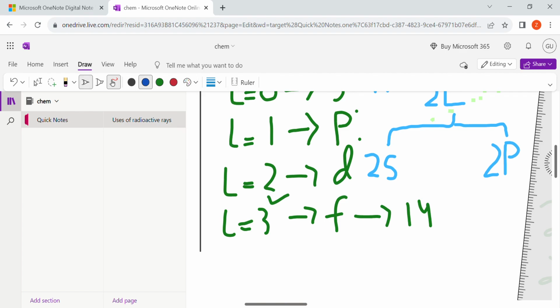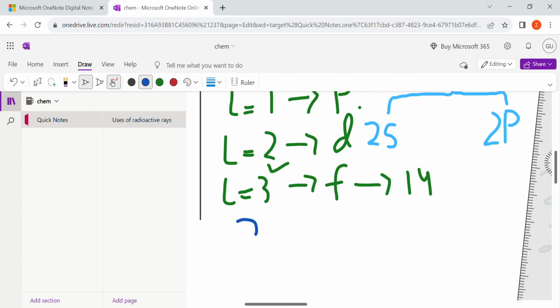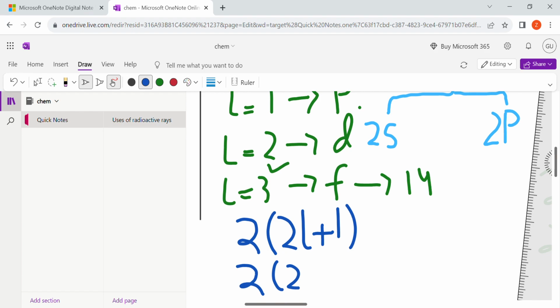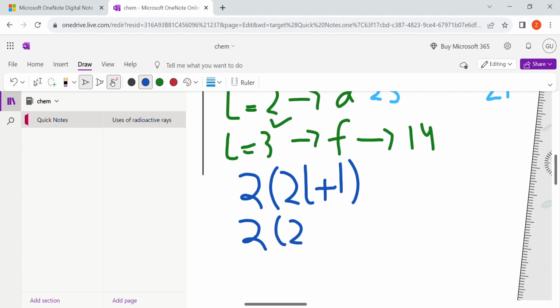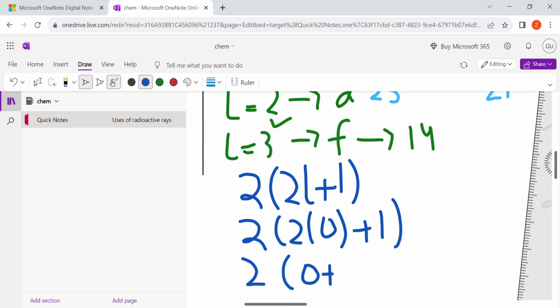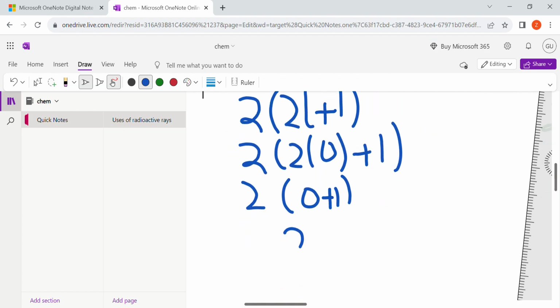For example, let's do it for s. We have the formula 2L plus 1, right? What is the value of 2L for s? L is 0. Plus 1, 0 plus 1, that would be 1, and times 2, that is 2.